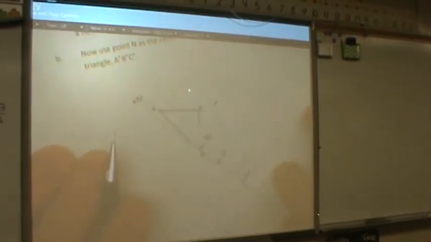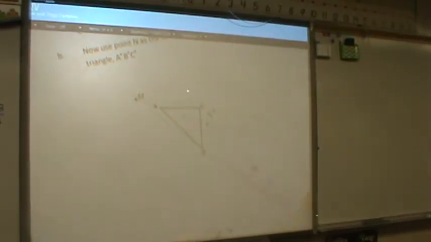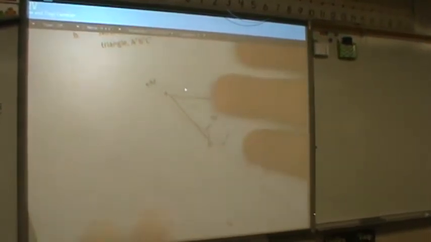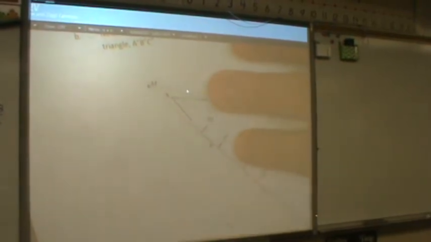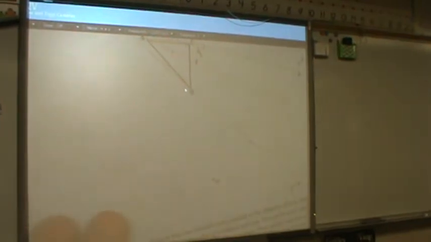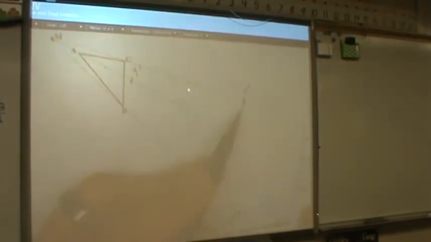There's 1. Making a little mark. There's 2. Oop, I need to make my line a little longer here. There was 2. Here is B prime. Now I have A prime, C prime and B prime.